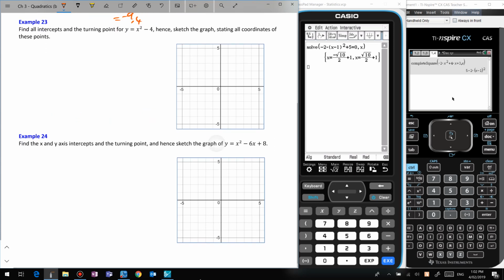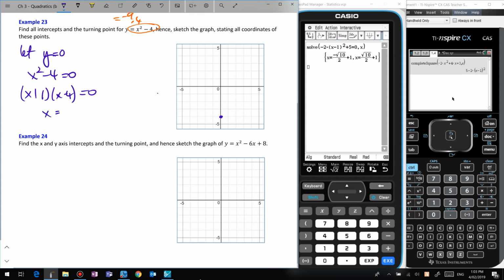Okay, this one here, we know it's just a parabola that's been translated down 4. So it's going to go through negative 4. If we let y equal 0, we get x squared minus 4 equals 0.